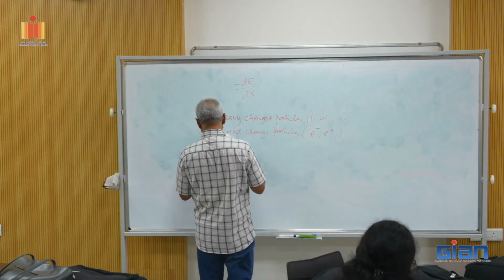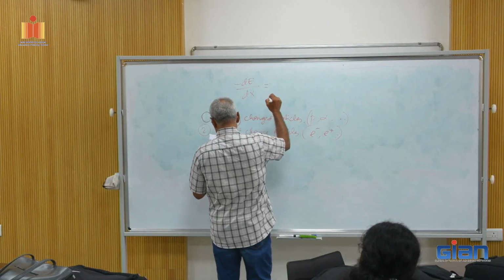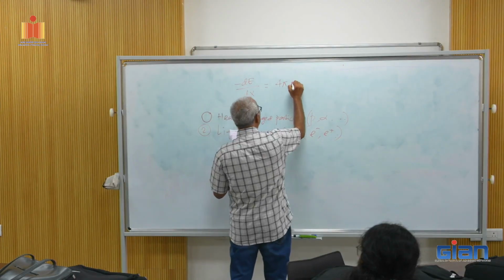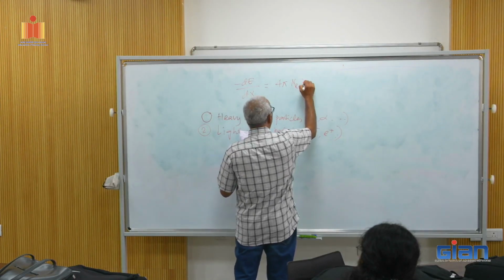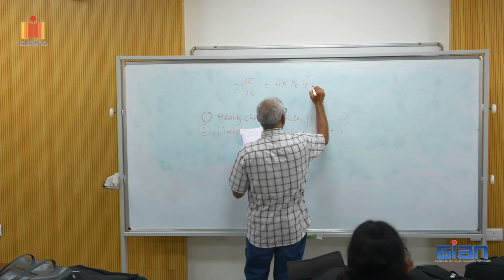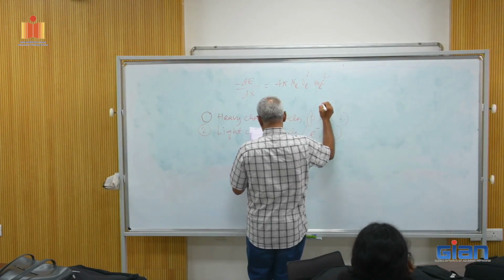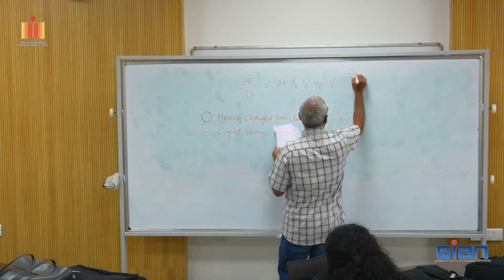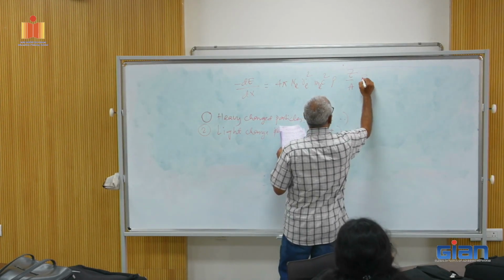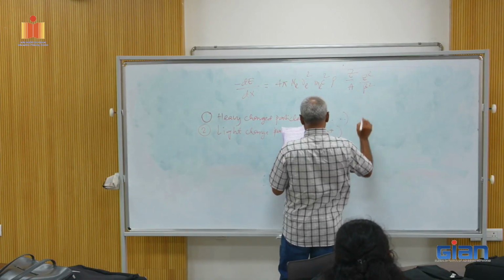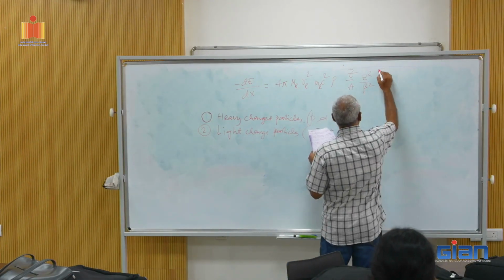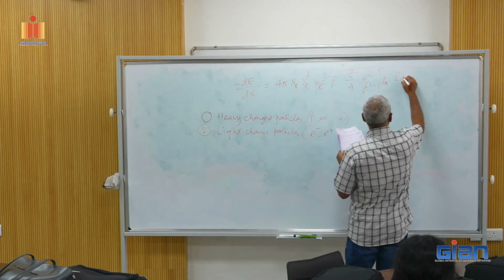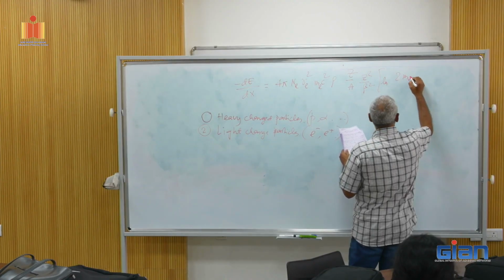Minus dE over dx equals 4 pi Ne Re square me C square rho Z over A, Z square over beta square, log 2 me c square beta square gamma square over I.